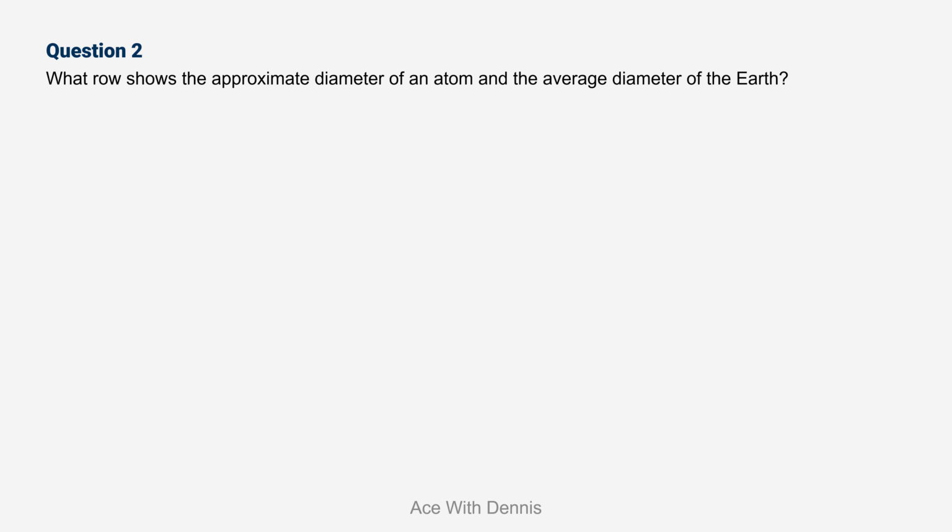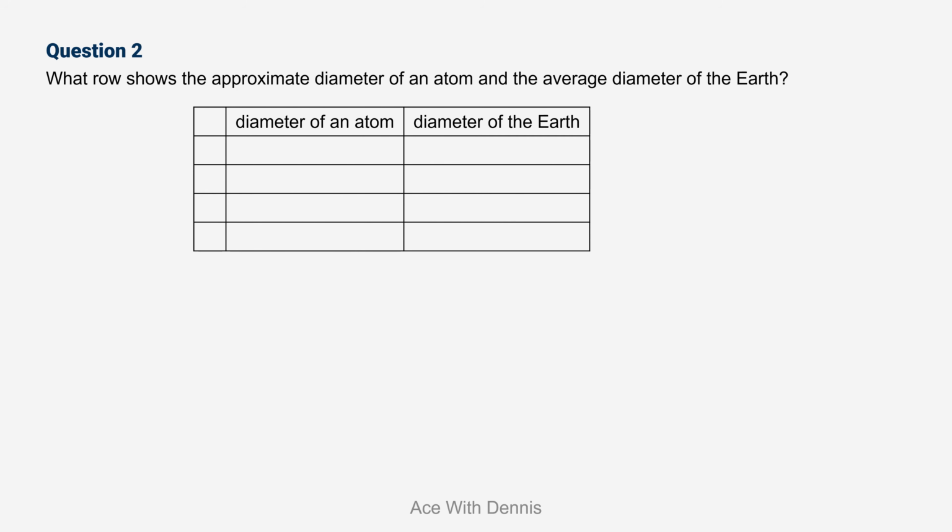Question 2. What row shows the approximate diameter of an atom and the average diameter of the Earth? Here is the table with the first column as the diameter of an atom, and the second column as the diameter of the Earth. And these are the choices. A. 0.5 micrometers, 12 megameters. B. 0.5 micrometers, 12 gigameters.